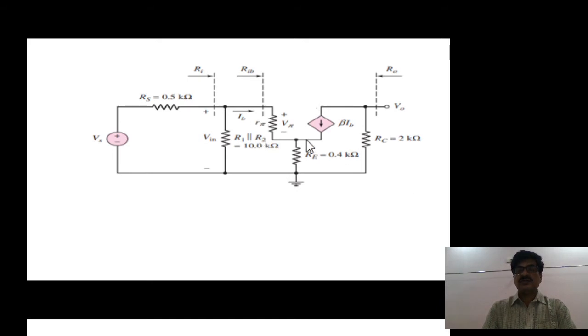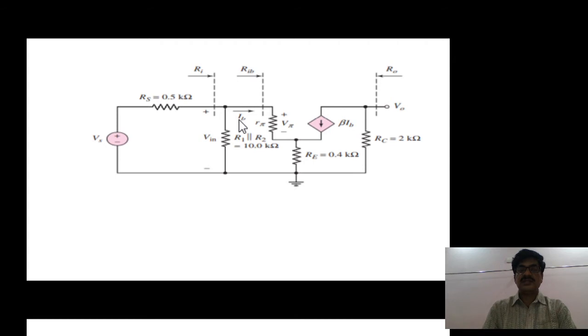So this part of the diagram represents the transistor equivalent circuit in terms of the current source value beta, that is beta IB. Whereas the position of RE is the same, between emitter and ground.